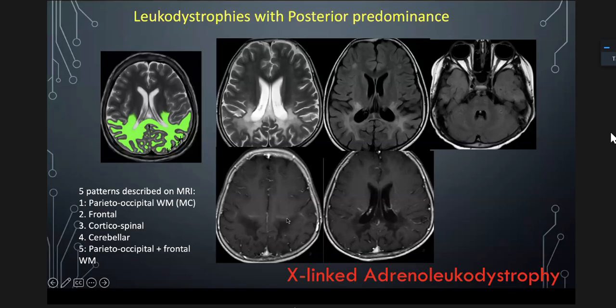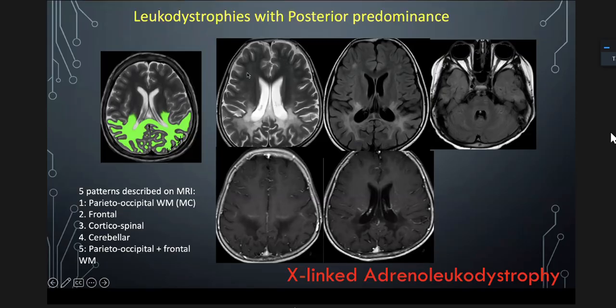And again, another leukodystrophy where contrast is extremely useful. Here the advancing edge will show contrast enhancement. Adrenoleukodystrophy basically involves the corticospinal tracts, so always notice at the brainstem there might be involvement of the corticospinal tracts involving the pons, etc. Now the five patterns: the classic pattern is the parieto-occipital white matter involvement.